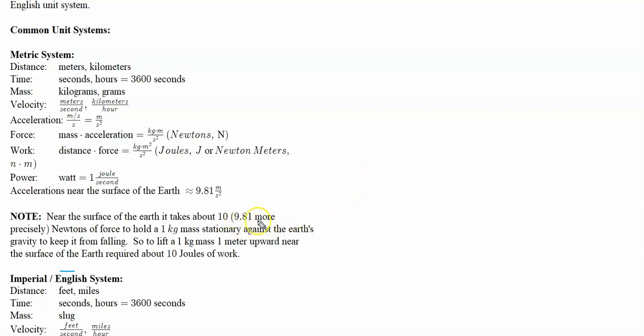Near the surface of the Earth, acceleration due to gravity is 9.81 meters per second squared. Okay, so near the surface, if you drop an object, it will accelerate downward at the rate of 9.81 meters per second squared.